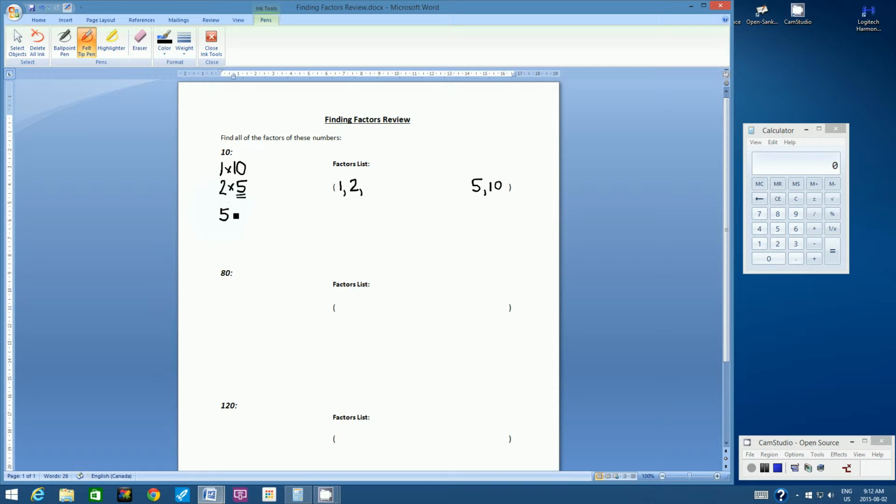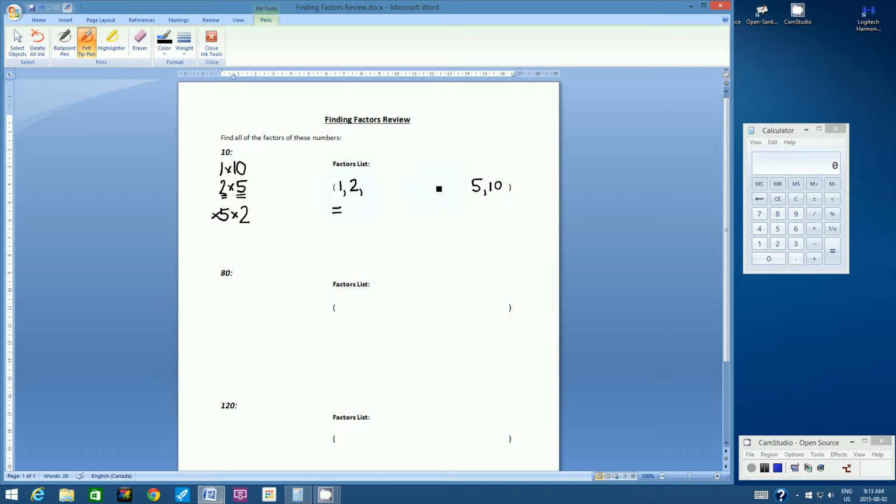So let me just write this here to show you that we do not need to write this twice because we've already got the factor of 2 here and we've already got the factor of 5 here. Okay, so we're finished. There are no other factors for 10. So we see this factors list. It doesn't look very neat. So what I want you to do is rewrite it. Because when we first start a question, it's really hard to predict the number of factors a number has.